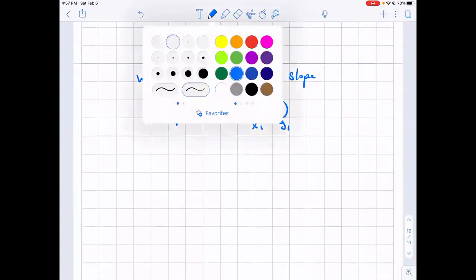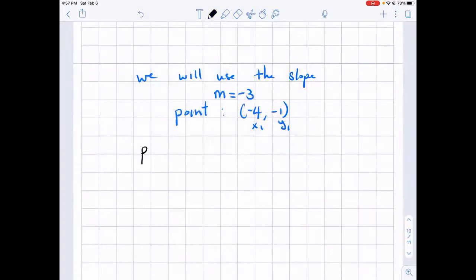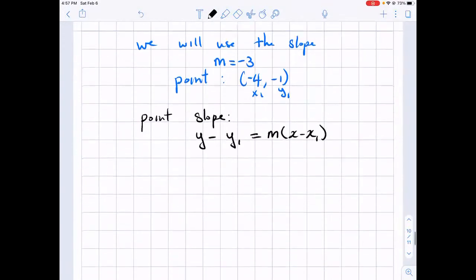And point slope formula, y minus y1 equals m times x minus x1. So we have y minus a minus 1, m is negative 3, and x minus x1, which is a negative 4. Okay, x1 is negative 4, and y1 is negative 1.